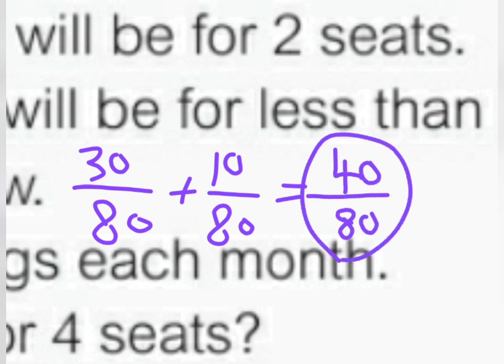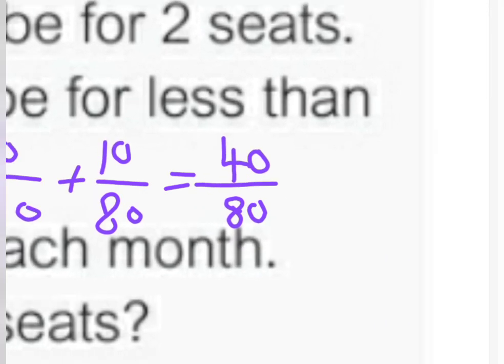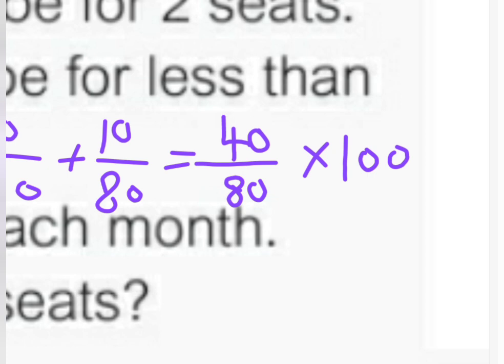And to turn this into a percentage, we multiply it by 100. Now, 40 over 80 multiplied by 100, you'll find this percentage. If it's less than 50%, it's unlikely to happen. But if it's more than 50%, it's going to be likely to happen. If it's 50%, it's going to be even chances.